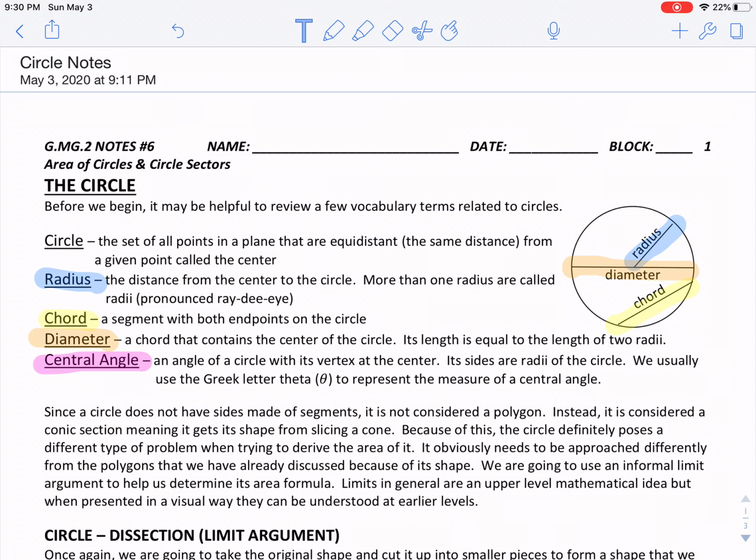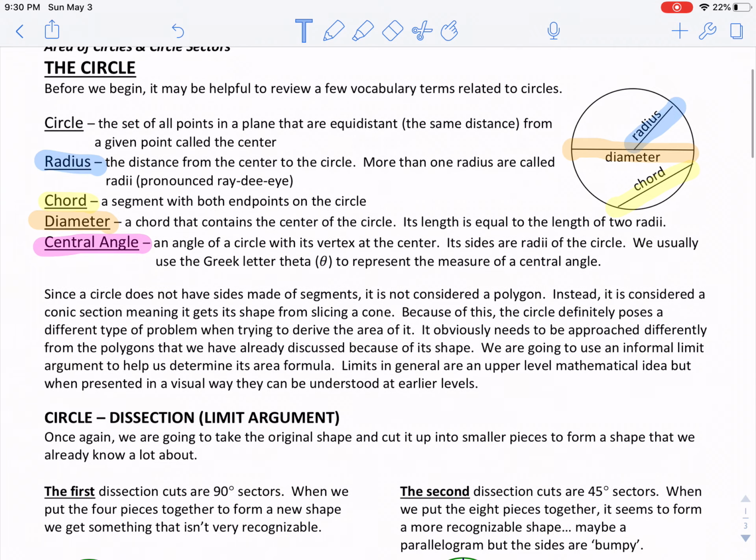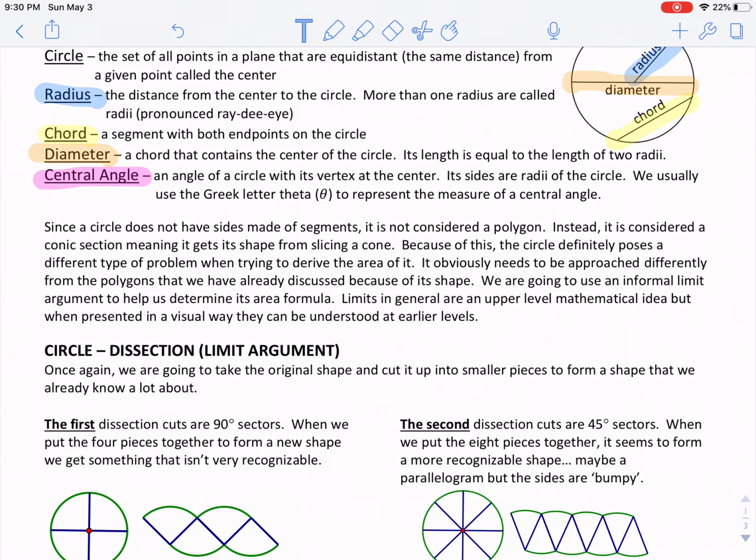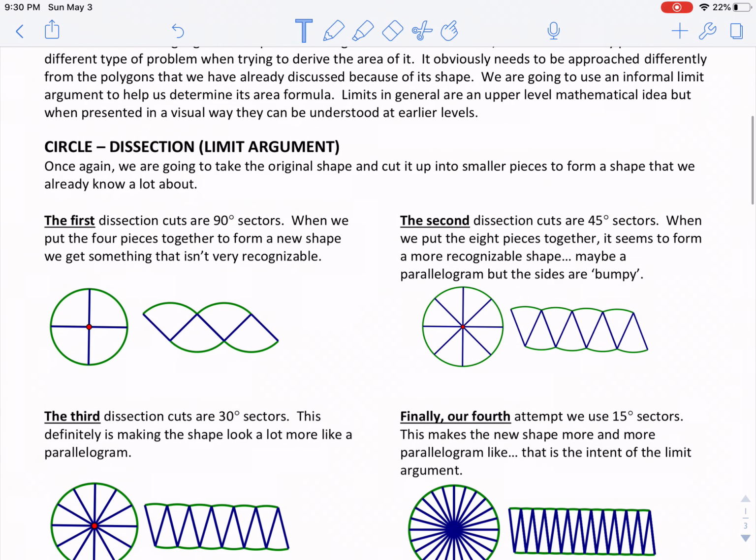So when we're looking at the area, it's got to be a little bit different than a polygon. We can't just take base times height or some variation of that. But a lot of you may already know the equation is area equals pi times the radius squared. But here's how we actually got that.